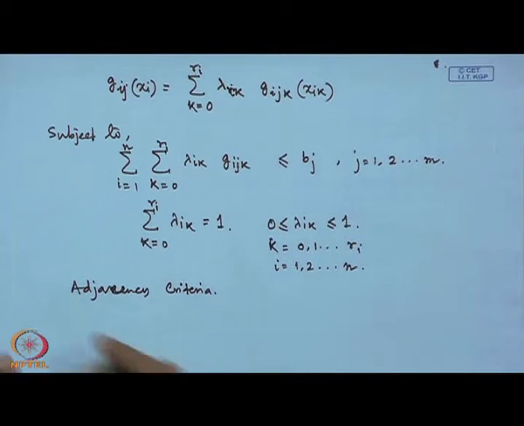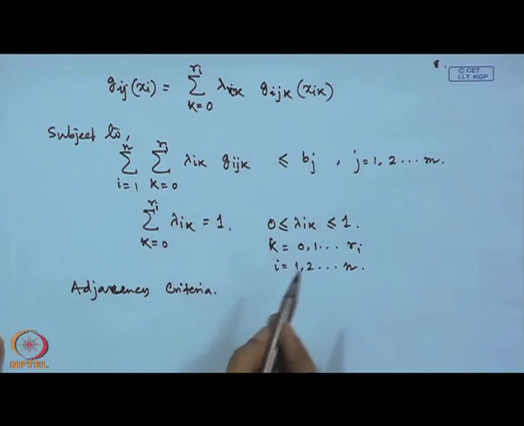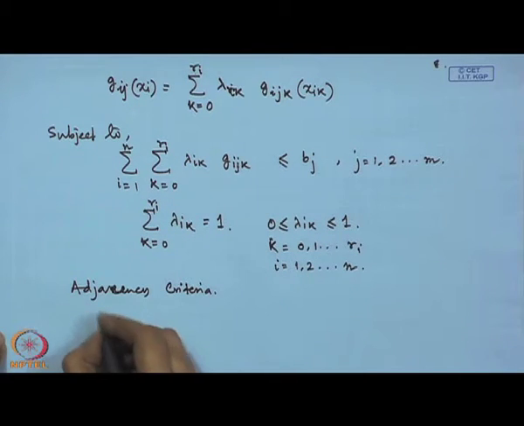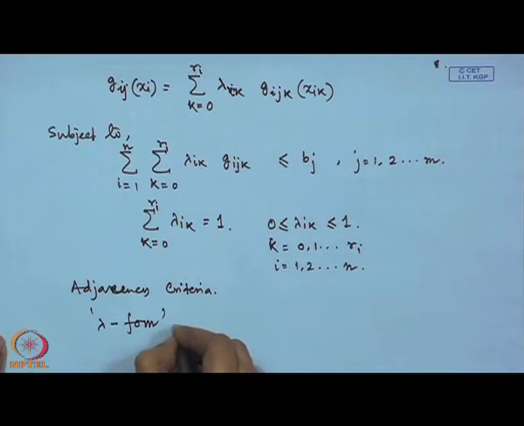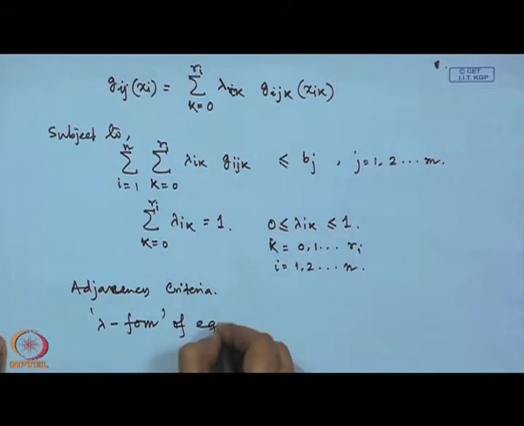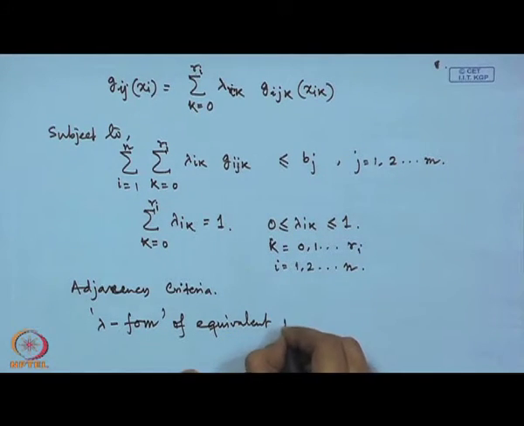Now, since we have introduced the lambda decision variables here, this form is called the lambda form of equivalent LPP, alright.